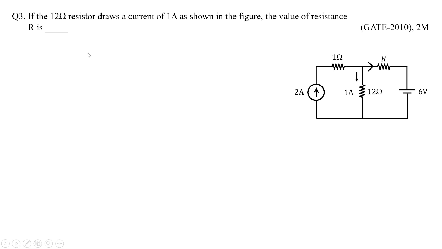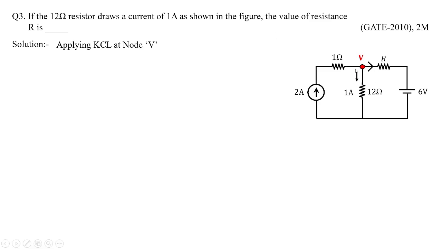Then in the third question, which is in the same year GATE 2010, for 2 marks: if the 12 ohm resistor draws a current of 1 ampere, the value of resistance R is. It is a good question. Now applying KCL at node V. So how to do this?